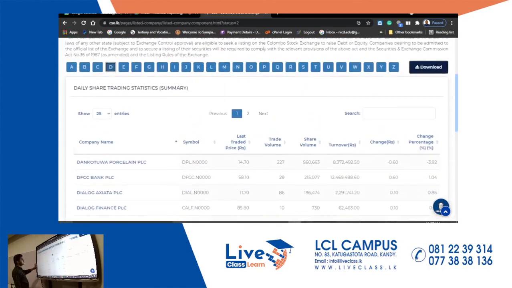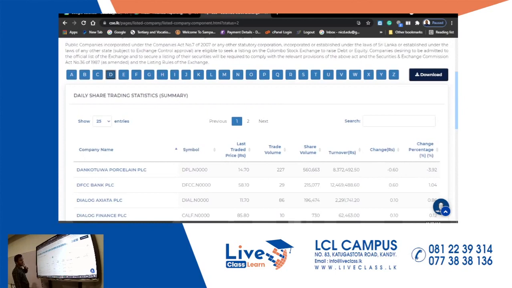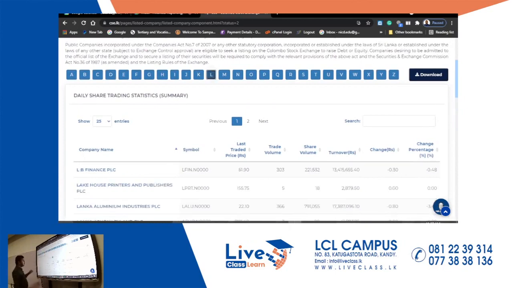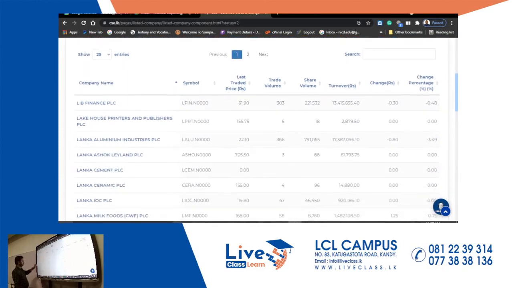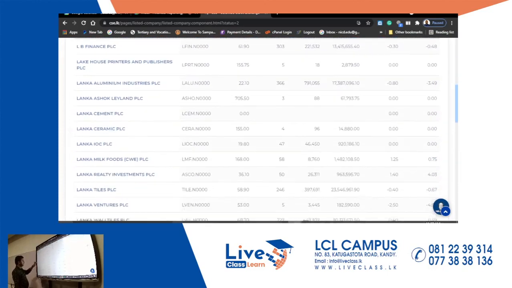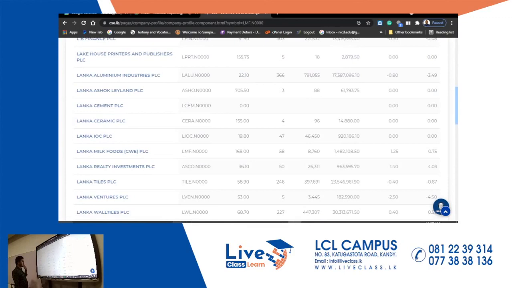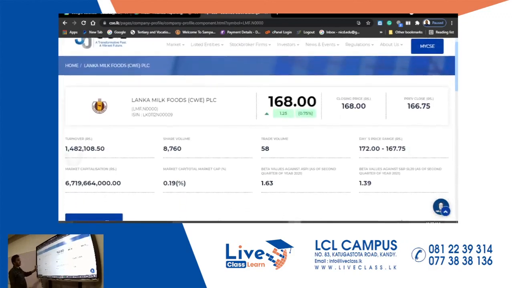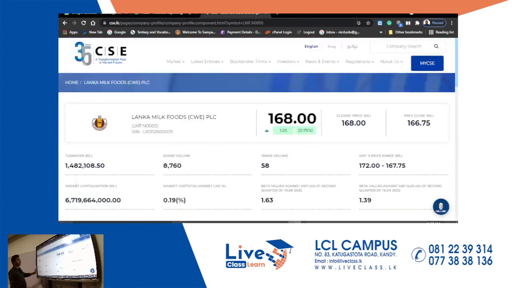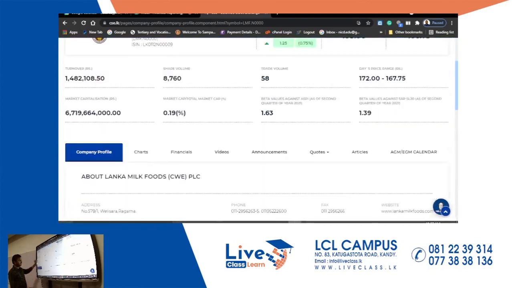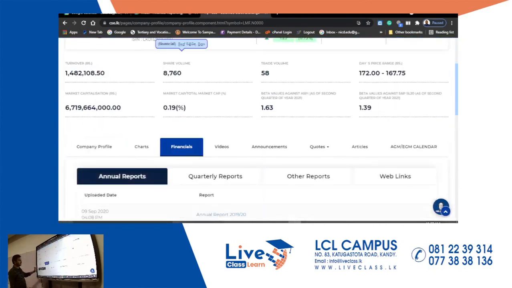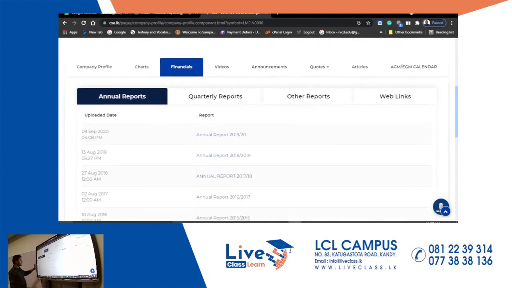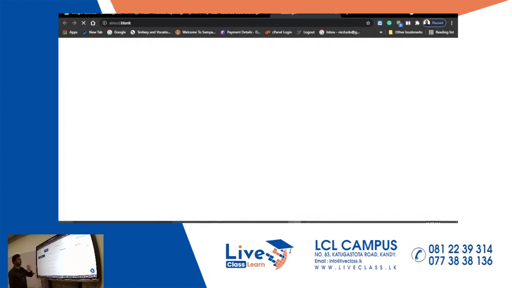Shall we take Lanka Milk Foods, since it has biological assets? That is the Ambewela farm, which is consolidated inside this one. Under financials you can go and see their reports, so you can get the annual report.